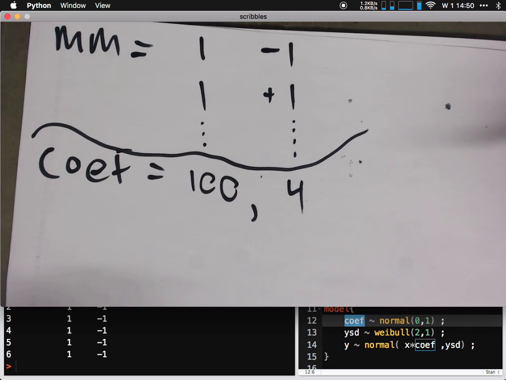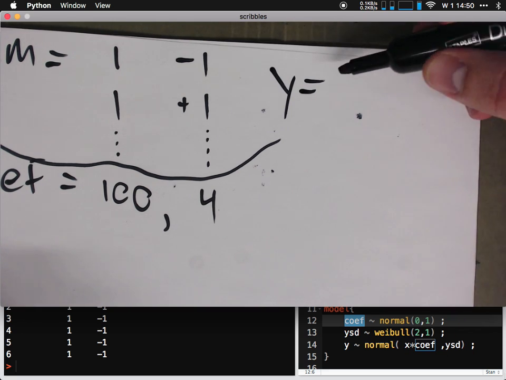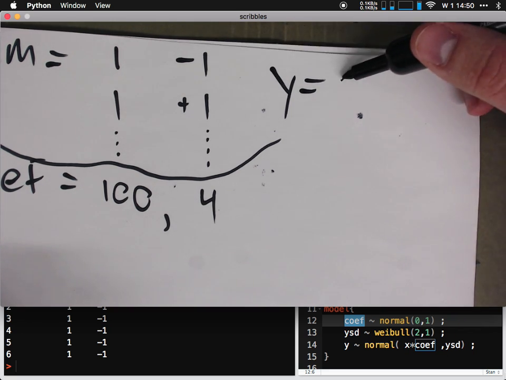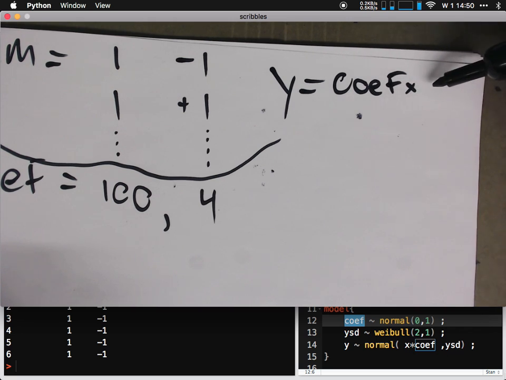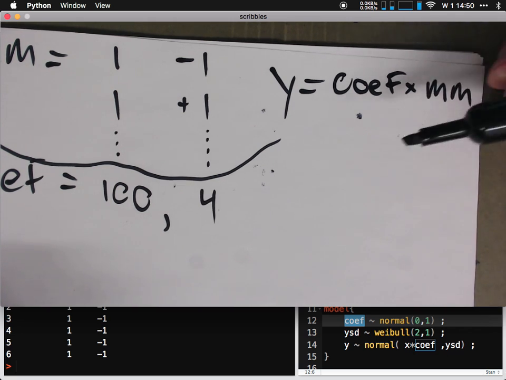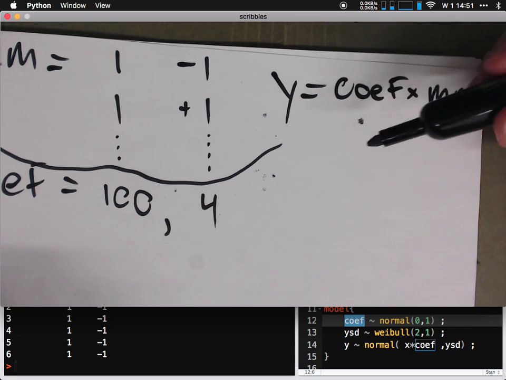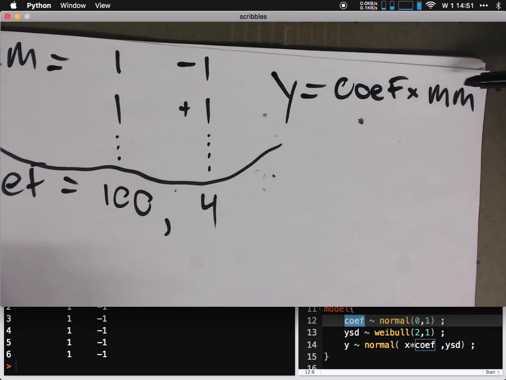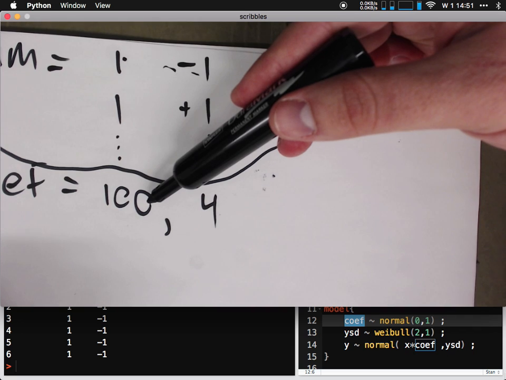So the equation that we have is y equals coef times mm. What that equation is going to do is, for every row in mm, multiply the entry in the first column by the first element of coef.